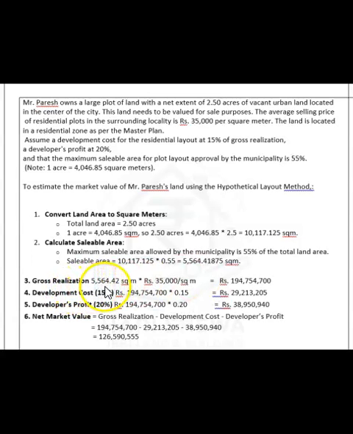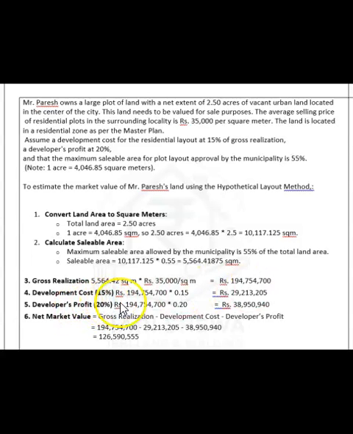Gross realization: the 35,000 is given in the question, so it means 19 crore 47 lakh 54,700. If he sells all the plots, he will get 19 crore 47 lakh 54,700, because the nearby area sale rate of small plots is 35,000 per square meter, as given in the question.